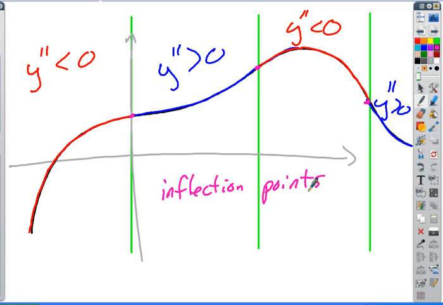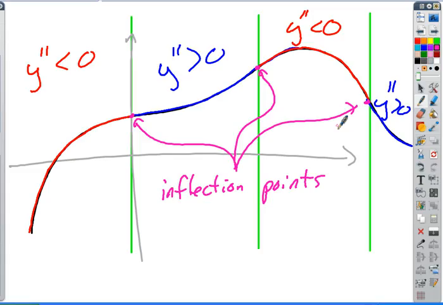How do you know whether it's 0 or undefined? If it's a smooth transition, it's generally 0. These are all pretty smooth, so I think these would all be 0. It's not so obvious with the second derivative as it is with the first derivative, because the first derivative is a slope and it's easy to visualize.